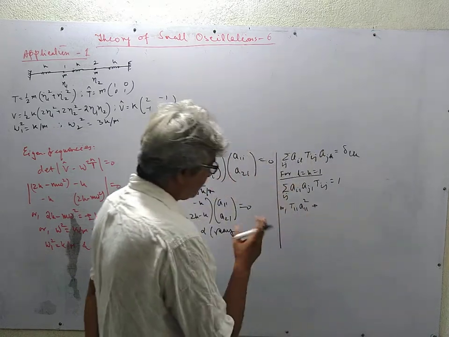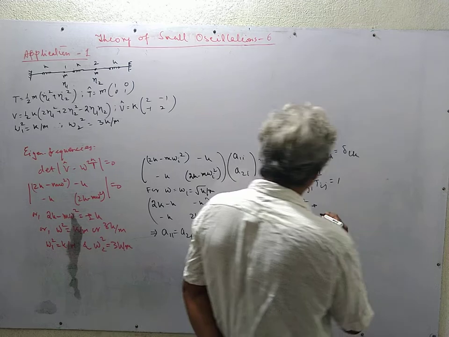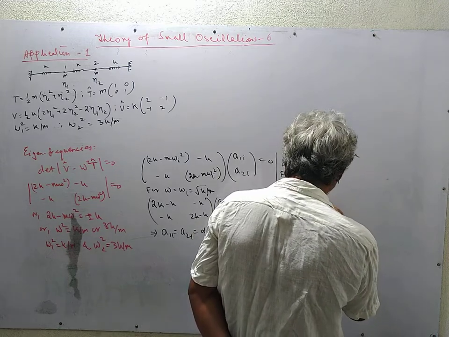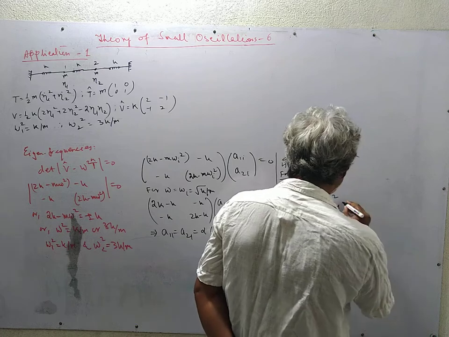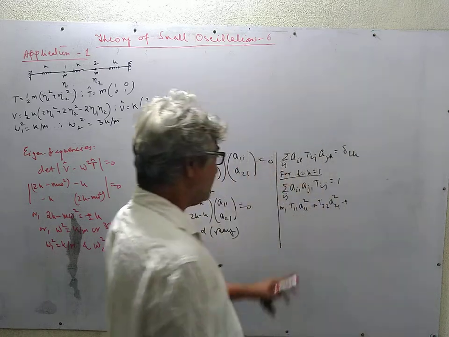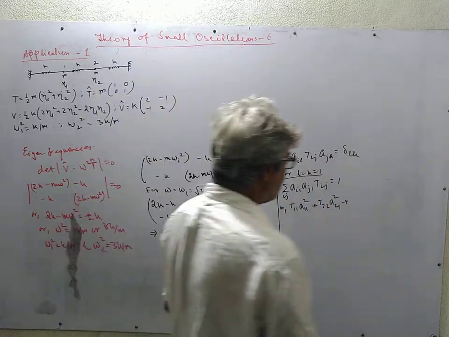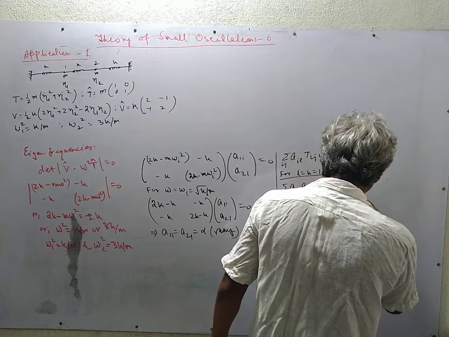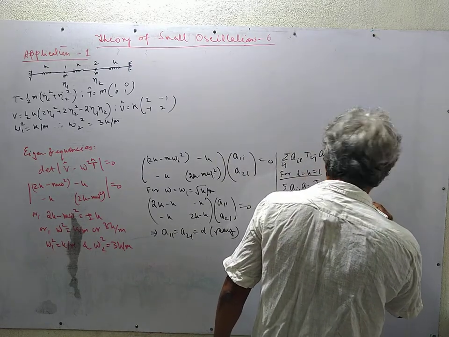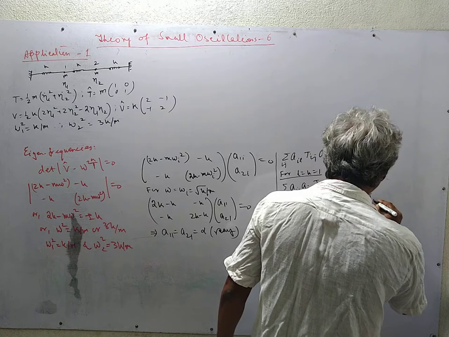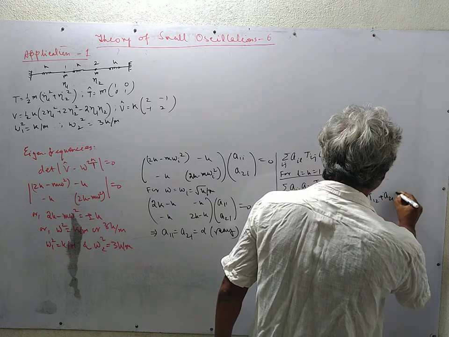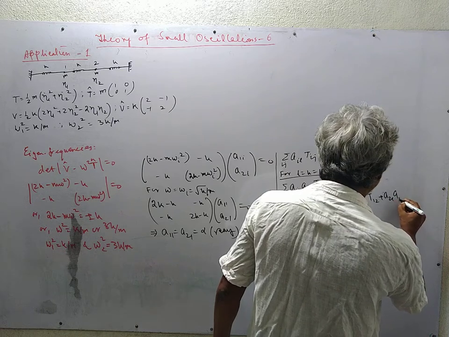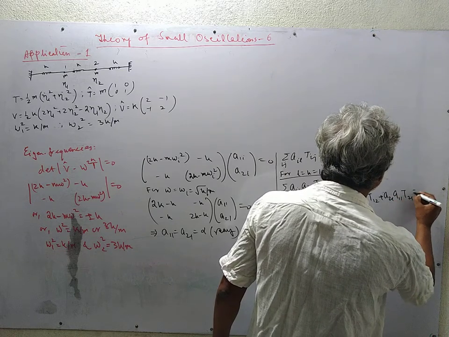Then if i and j both are 2, T22 a21 square. Then the cross terms, i equal to 1, j equal to 2, a11 a21 T12 plus a21 a11 T21, equal to 0.